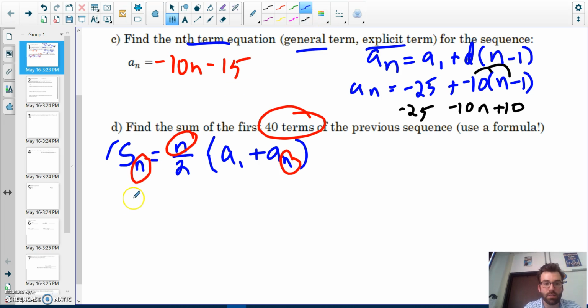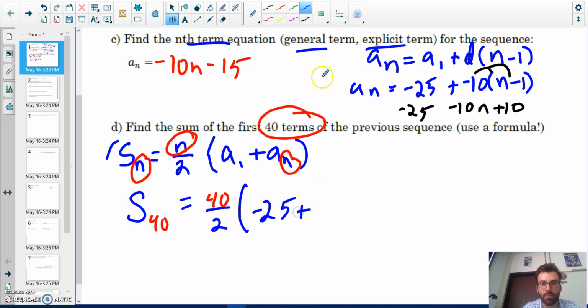So S of 40 equals 40 over 2 times, my first term is negative 25, plus a 40.